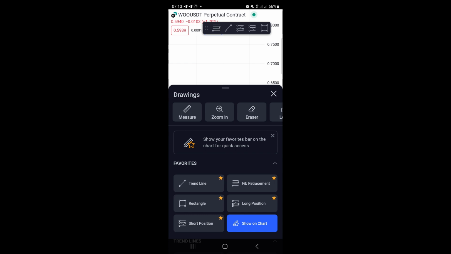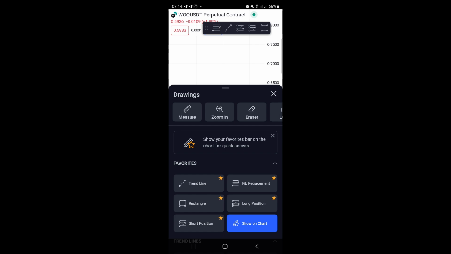But for now, the four tools you have to concern yourself with are rectangle, long position, short position, and trend line. Even as you're starting, you're going to be using more of just the short position and long position, because you're just going to be putting it there and making sure that your entry, stop loss, and take profit are balanced, and you can see it right on the chart. And the trend line is just to draw lines across.